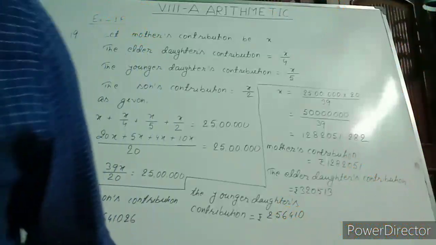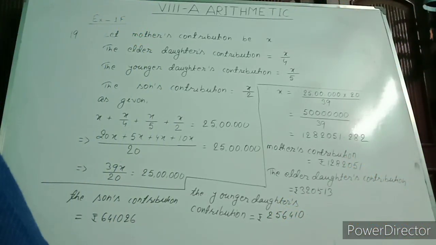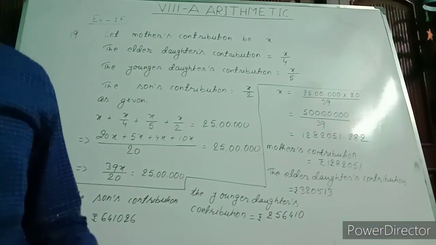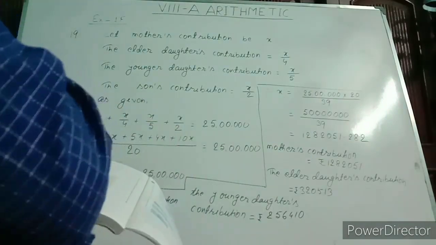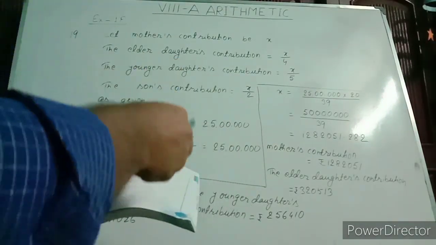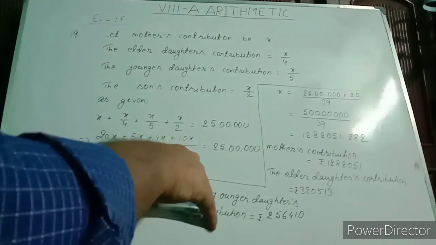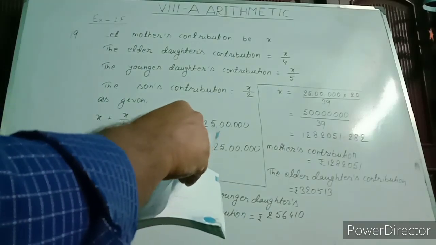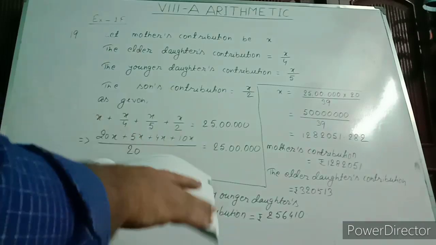Question number 19. The question is, a construction required 25 lakh.